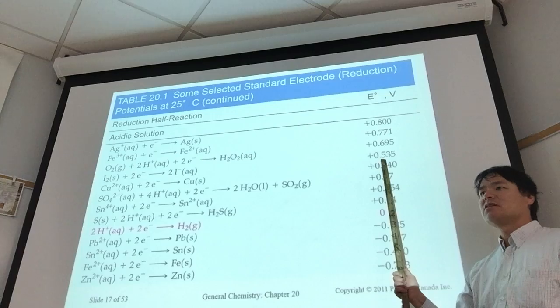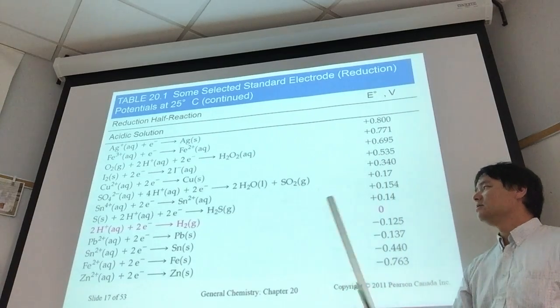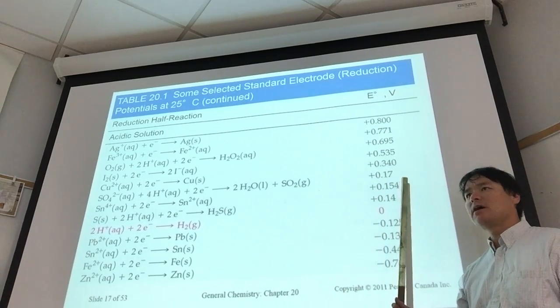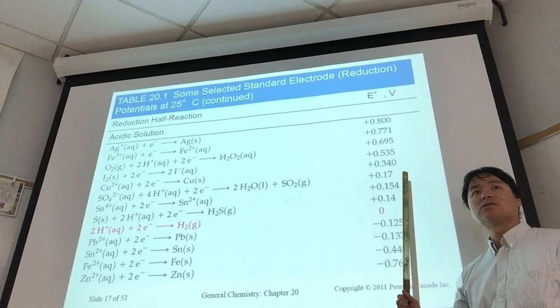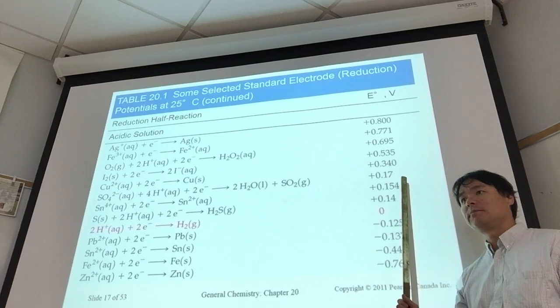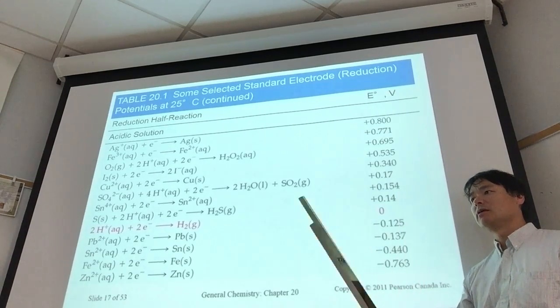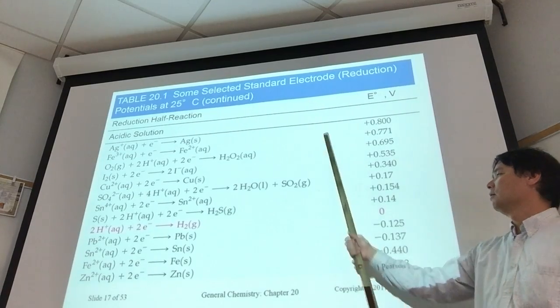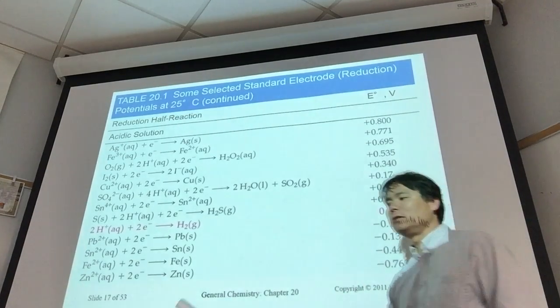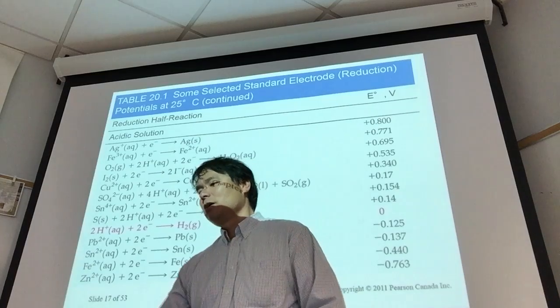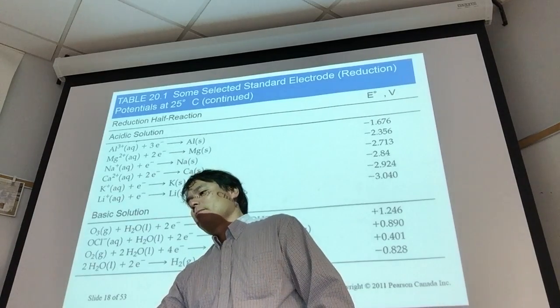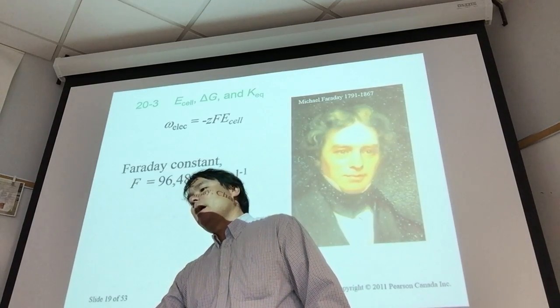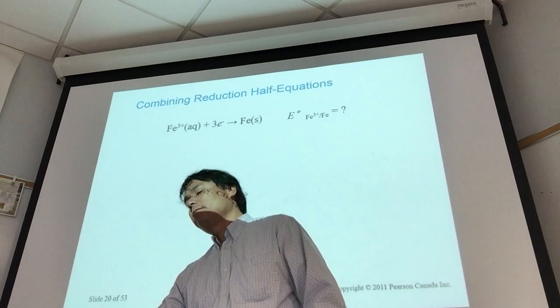With this pattern, we can use the numbers to calculate how non-spontaneous or how spontaneous that's going to be, or what kind of voltage we'll get. Of course, the farther apart these become, the larger the voltage is. That'll be an electrolytic cell. Yeah, that could be an electrolytic cell, right.